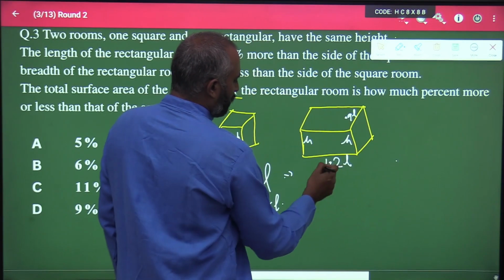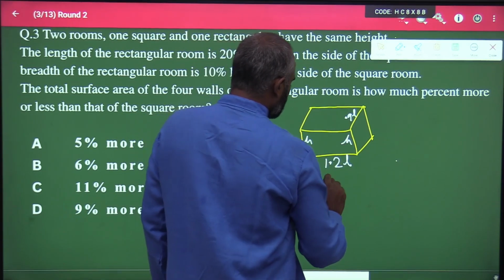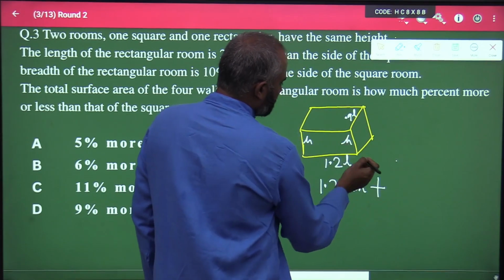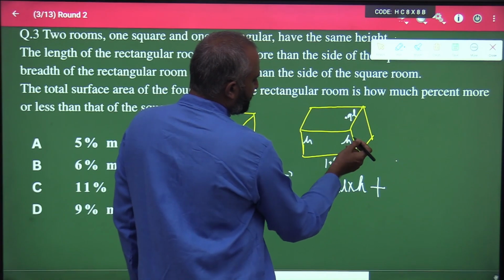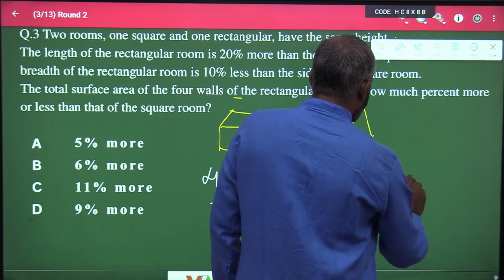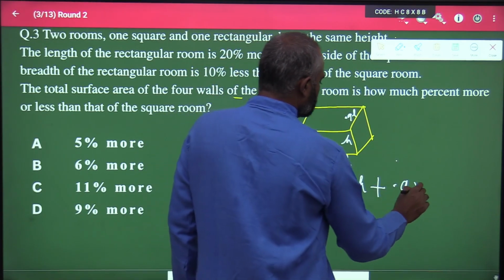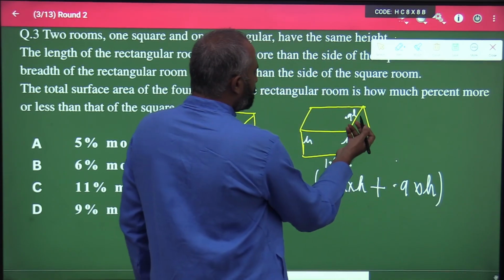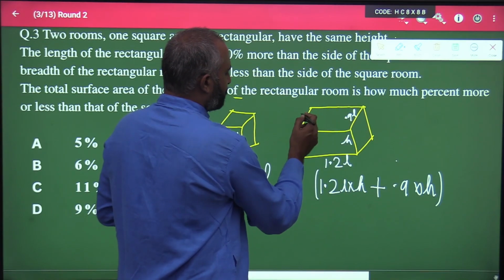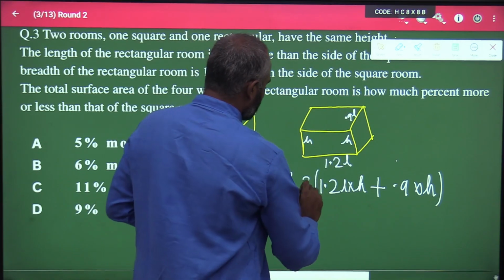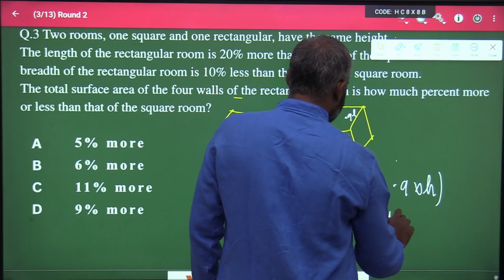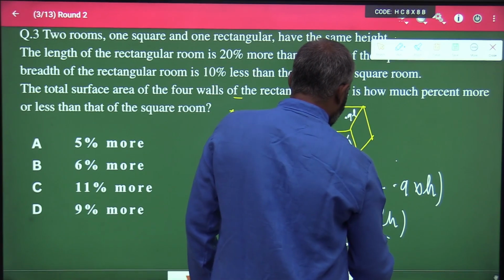The area of the longer wall is length into height, which is 1.2L into H, plus the area of the other wall, where H remains the same and the breadth is 0.9L, so 0.9L into H. And there are two repetitions of this. We have calculated for only one side. There is another side of the same dimension, so it is multiplied by 2. So this becomes 1.2 plus 0.9 is 2.1 LH, and 2.1 into 2 is 4.2 LH.